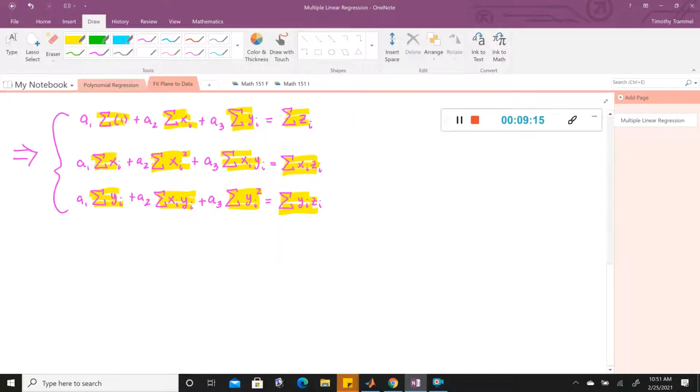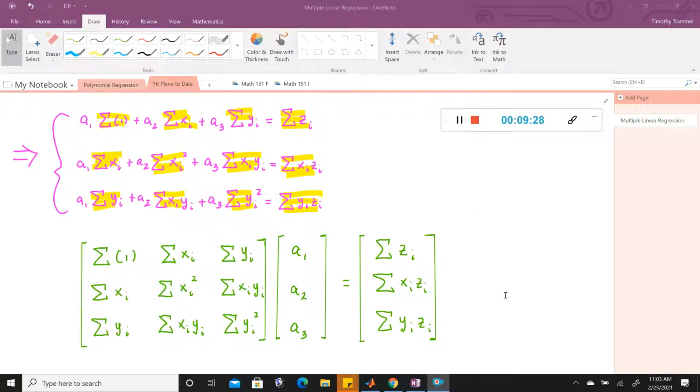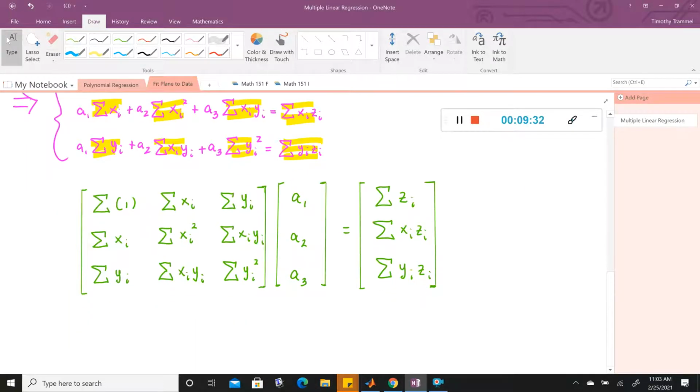Let's go ahead and write it in matrix form really quickly, and then from there we will try this out in MATLAB. Okay? Here is our matrix equation, and let's specify, we'll call this A, we'll call this B, and we'll call this little a. Okay?